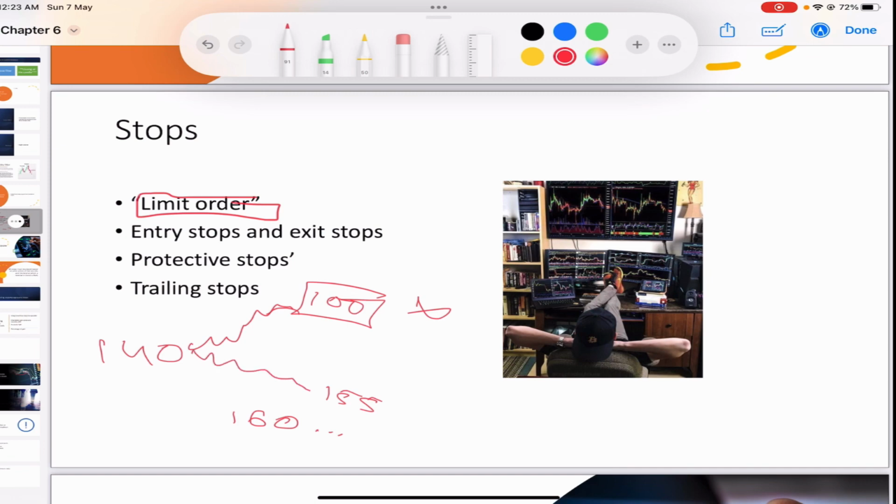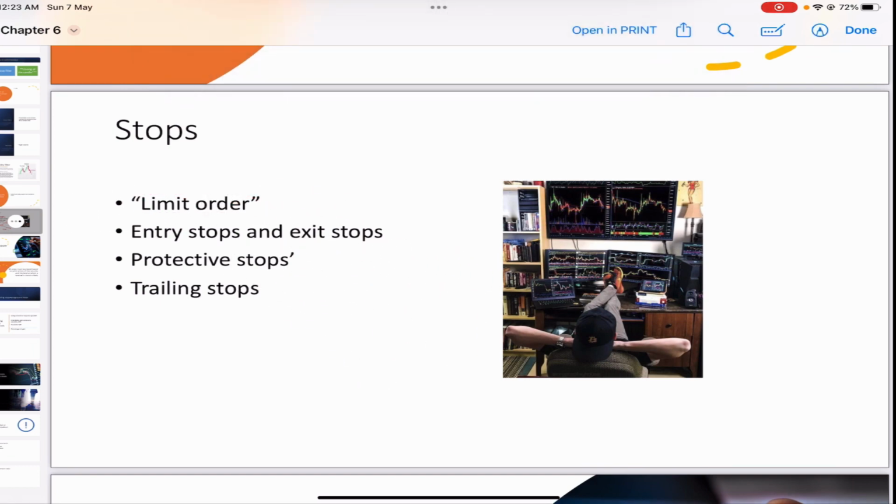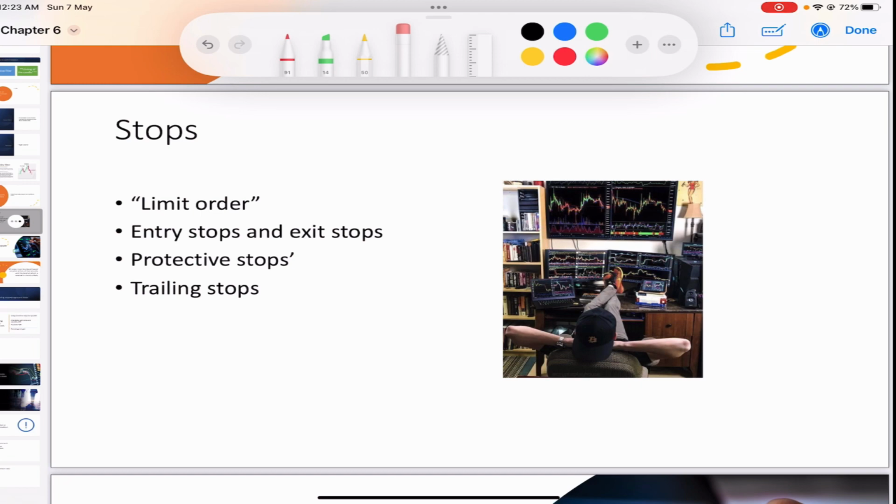Now the price is at 145. In that case, I can shift my stop loss from 100 to 140 so that my initial loss has become zero. So I hope you understood that. That is what is known as a trailing stop loss. Trailing stop loss is when, as your profit increases, you are trailing your stops upwards.